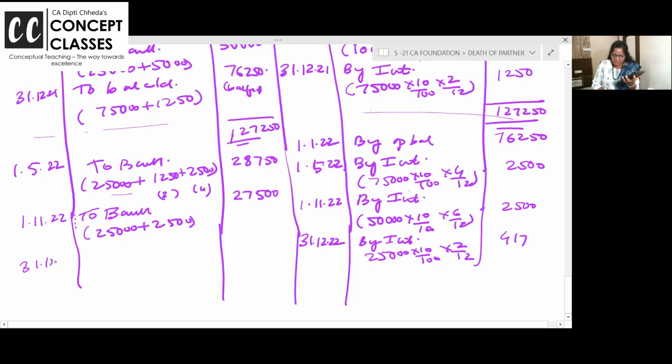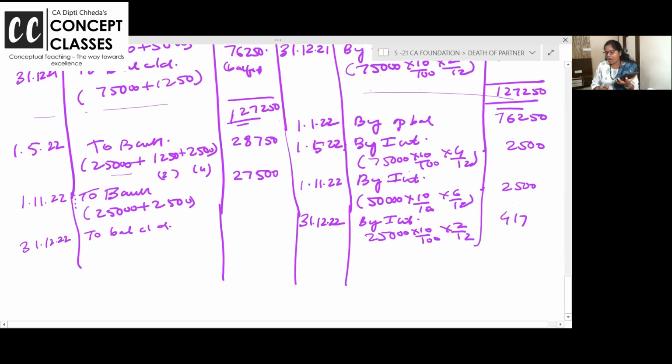And on 31/12/22, balance carried down: already you have 25,000, the last installment which you are going to pay in the next May, plus 417. So 25,417. Or you can take it as a balancing figure.